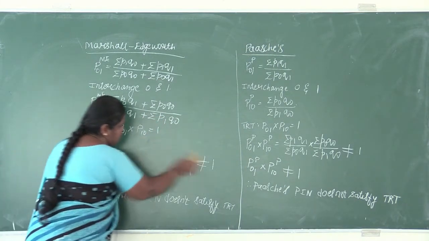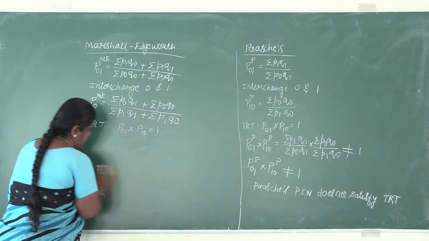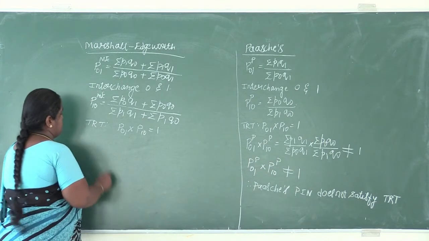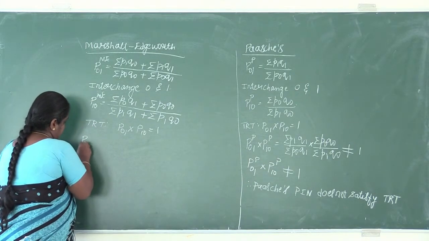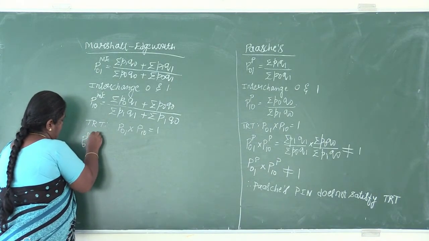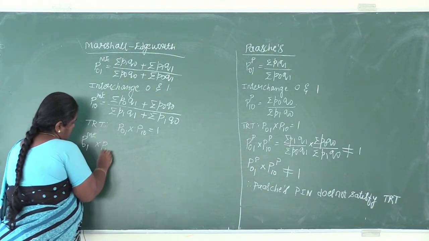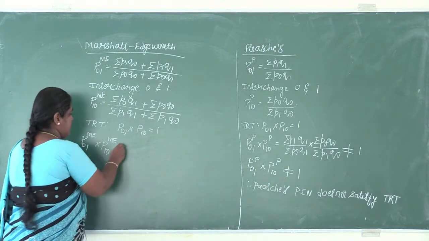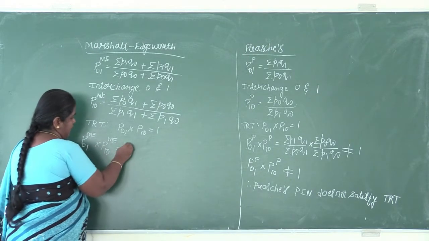Write the condition of the time reversal test, which is P01 into P10 equals 1. Then we'll take the left hand side, P01ME into P10ME. Substitute both the Marshall-Edgeworth index number values.